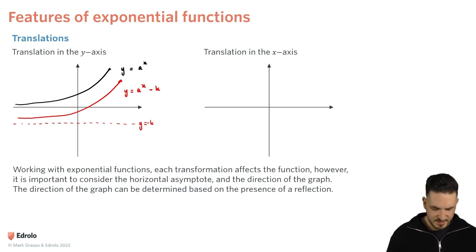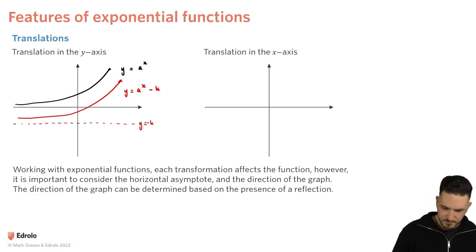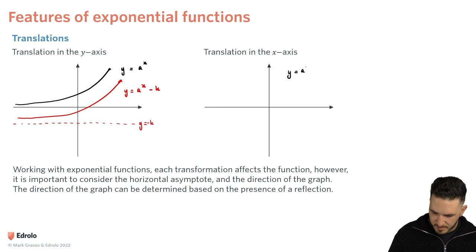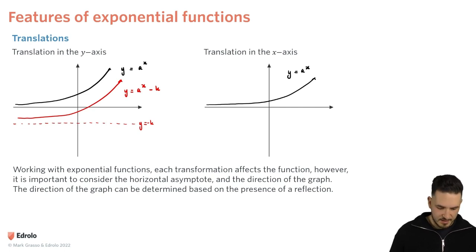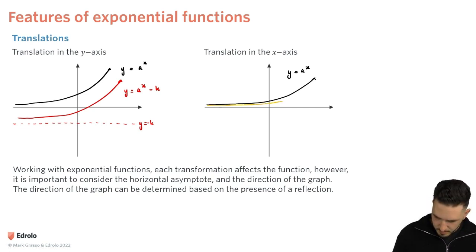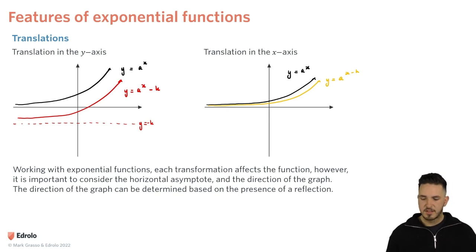Translation in the x-axis. So again, we have our original function, y equals a to the x. Probably should have drawn it first, but that's okay. There we go. And then let's say we had y equals a to the x minus h. So we've shifted it across by h units. The intercept will be slightly different because, substituting x equals 0, you would have a to the power of negative h, whatever a and h are.